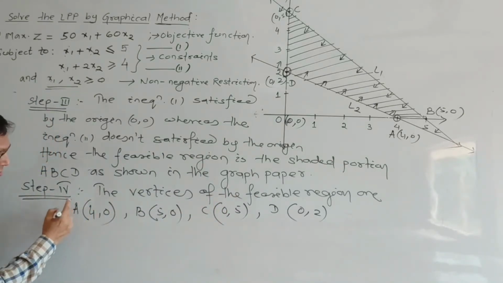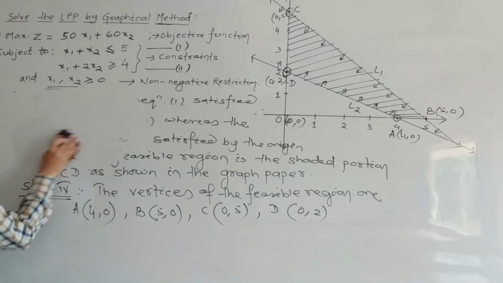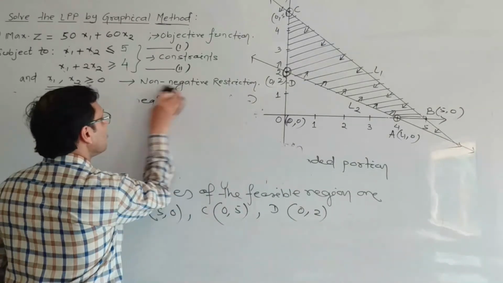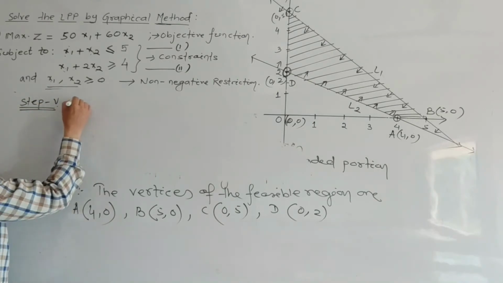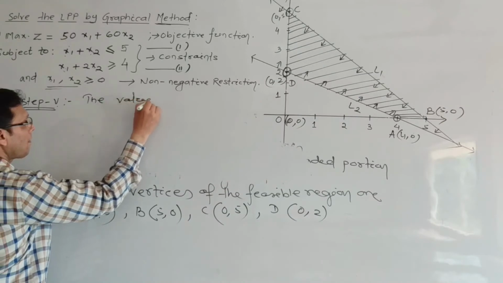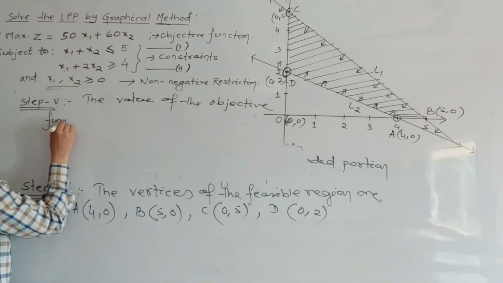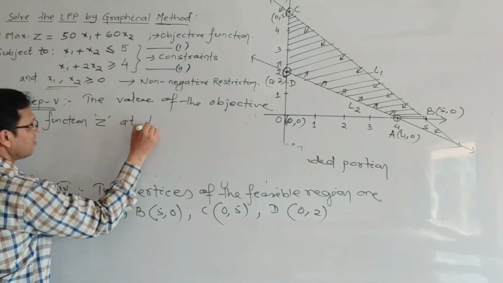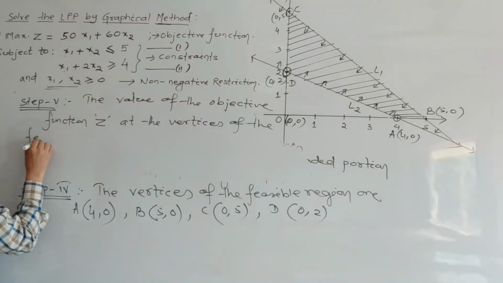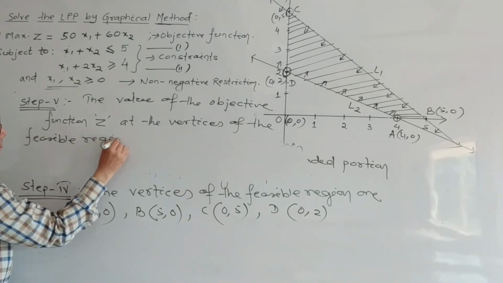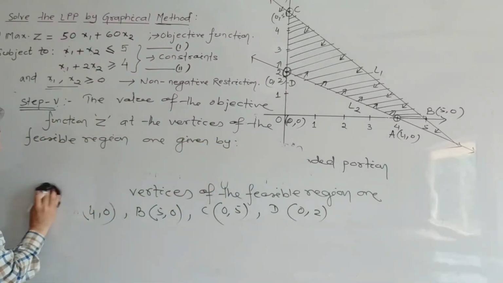Now in step 5 we have to find the value of the objective function z at these vertices. In step 5, the value of the objective function z at the vertices of the feasible region is given by, now you have to find at (4, 0).